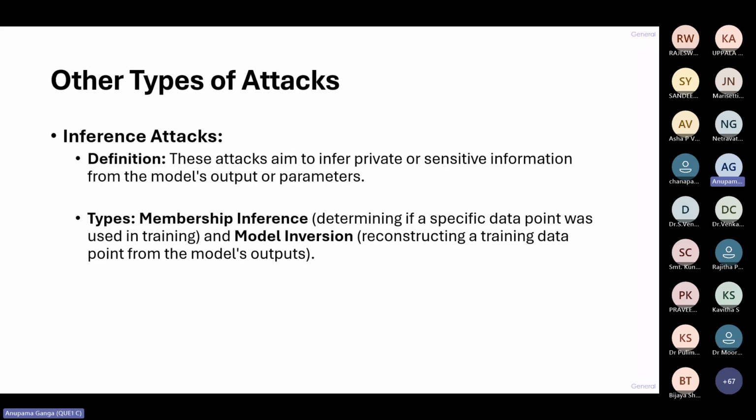And also an attacker can use sensors on a device to detect subtle movements or vibrations caused by typing. So this information can be used to infer what keys are being typed, right? I think we saw in some movies also how passwords are getting revealed with this technique.